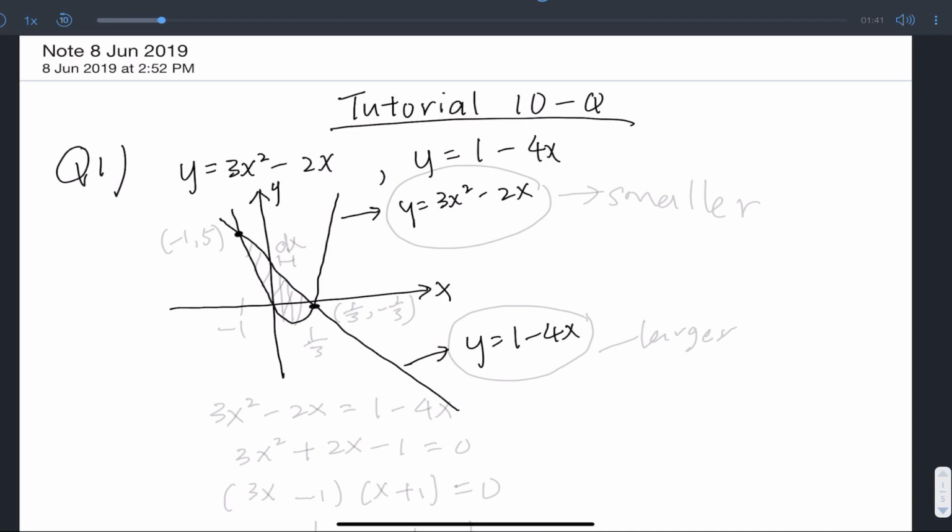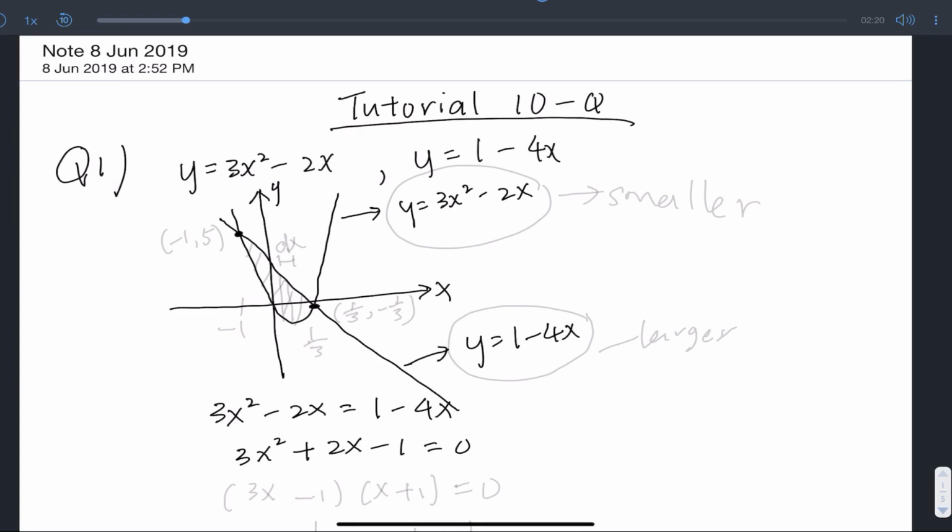So you have to find these two intersection points. How are you going to find them? We make 3x squared minus 2x equal to 1 minus 4x, and then we solve this equation. Simplified, it becomes a quadratic equation, minus 1.